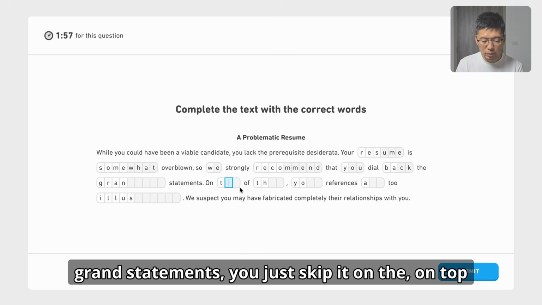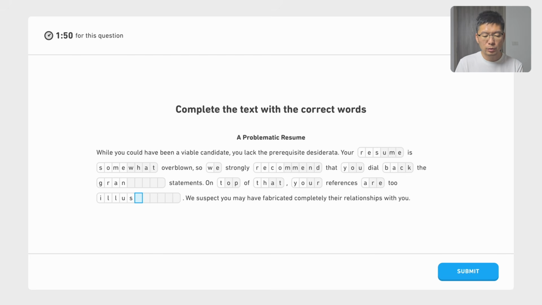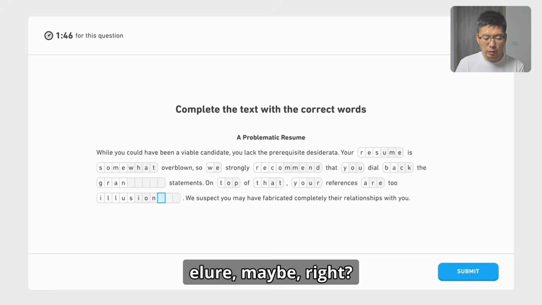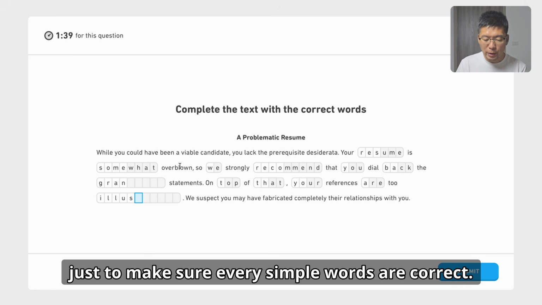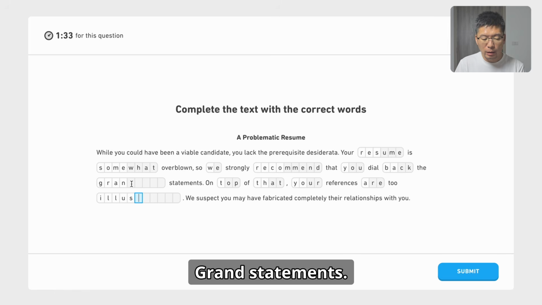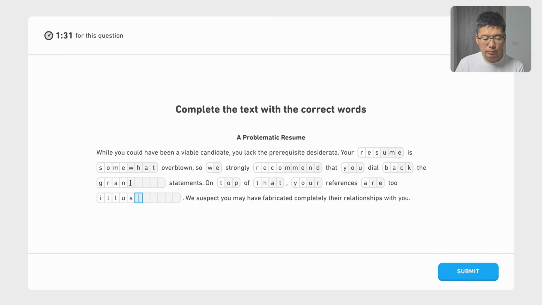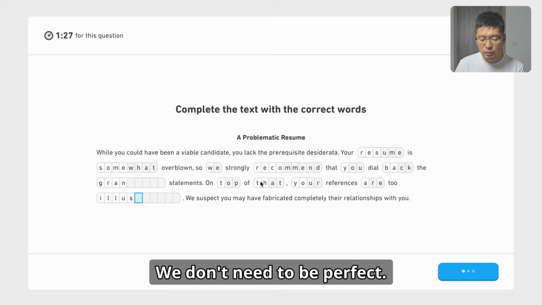On top of that, your references are too illusionary, maybe, right? Okay, we don't need to answer these difficult words. Just make sure every simple word is correct. Okay. Grand statements. Okay, just leave it if we don't know. It's okay. We don't need to be perfect.